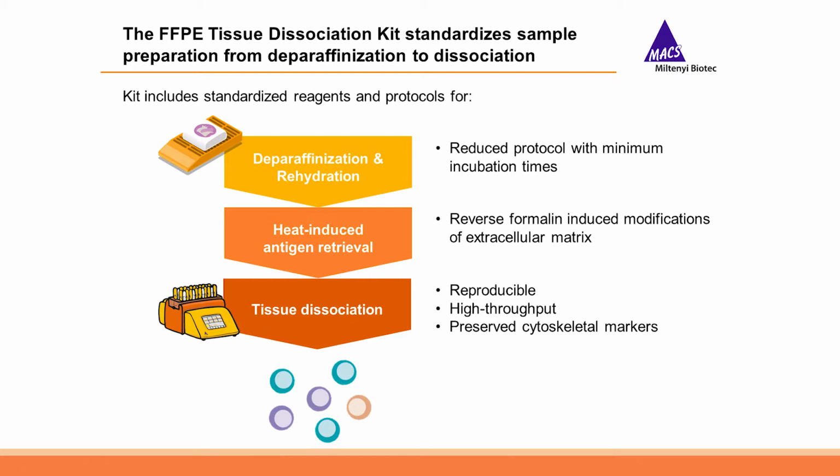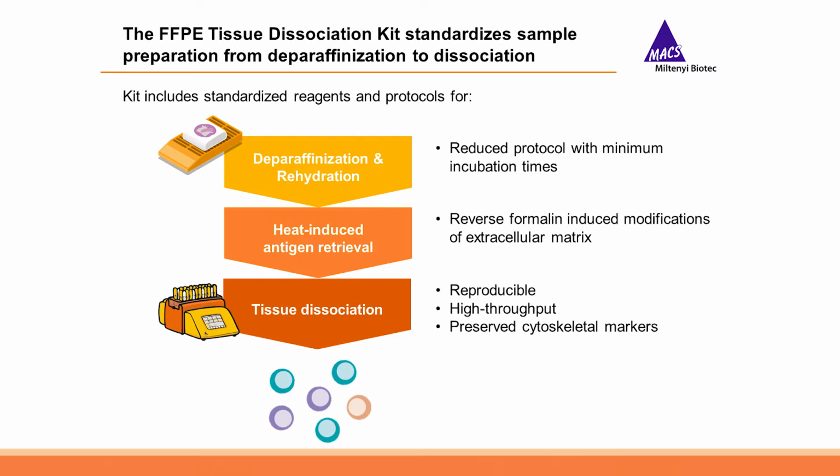After the dewaxing, there is a heat-induced antigen retrieval step, and to do that, the kit includes a heat-induced antigen retrieval buffer to reverse formalin-induced modifications of the extracellular matrix so that it is accessible for the dissociation enzymes.